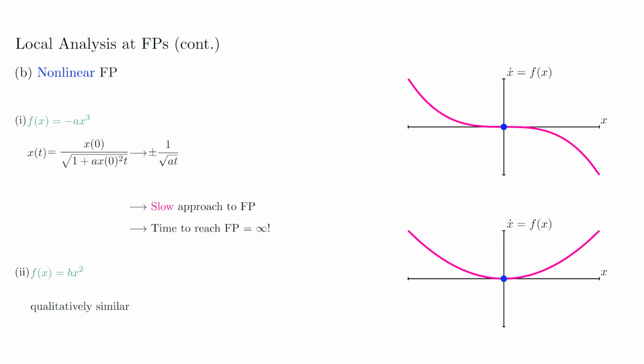Let's focus only on that particular case. So if x(0) is negative, then we are drawn towards a fixed point, and asymptotically, x(t) goes like 1 over bt for x(0) less than 0. So once again, there is slow approach to the fixed point, and again, the time to reach the fixed point is infinite.